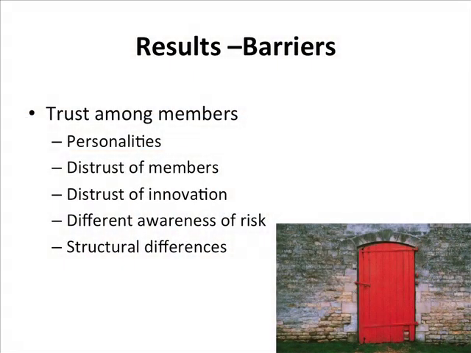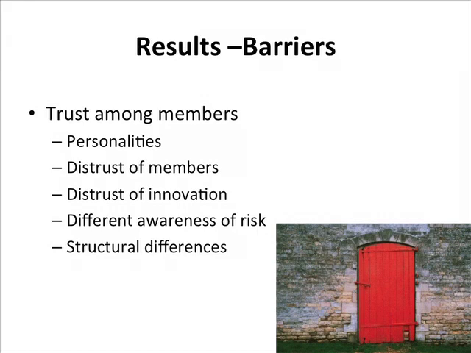I think the biggest one, the most common issue that people mentioned though, and this was consistent throughout each of those 3 phases, was the amount of trust, or distrust, I guess, initially, and through that whole process. Personalities always play a role, so there might be someone that you just don't like working with. That's pretty common for a lot of these sorts of initiatives.